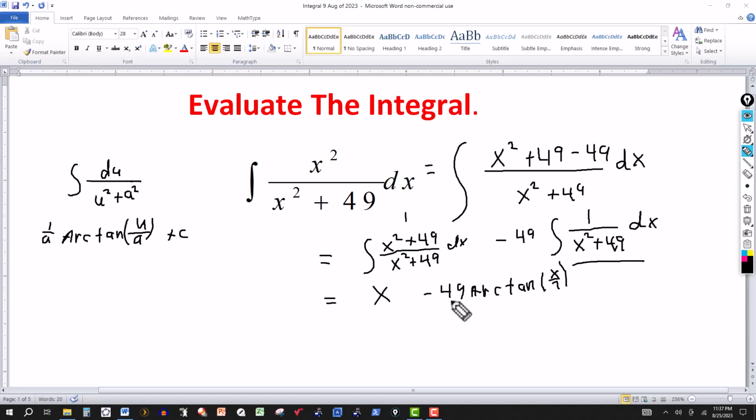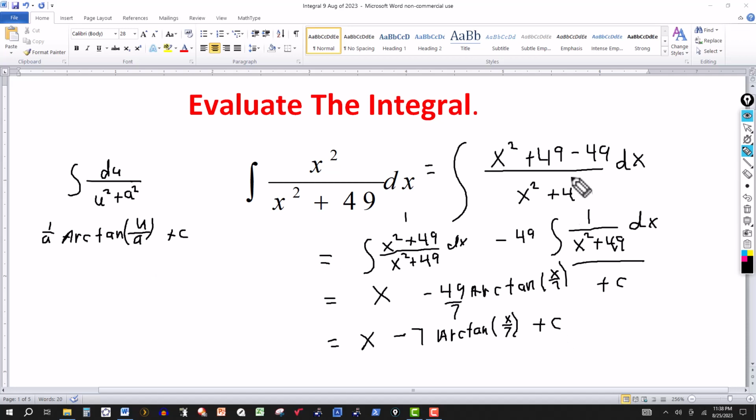And then the a divides the coefficient, which is 7. And I got the constant of integration. Then just a little bit of simplification here. This is equal to x. 7 into minus 49 is minus 7. Then I got the arctan of x over 7 plus the constant of integration.